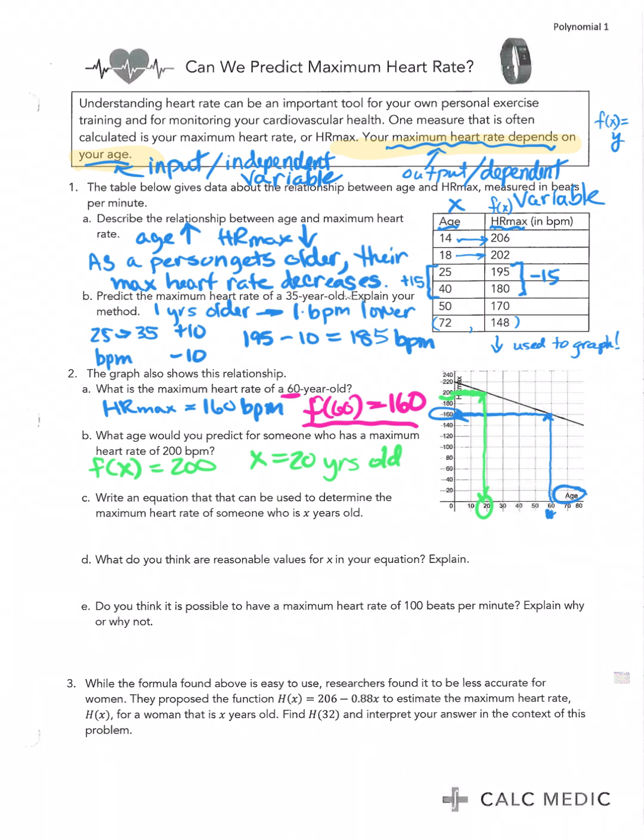So now it says write an equation that can be used to determine the maximum heart rate of someone who is x years old. In other words, we want to write this equation for anybody. All right, so let's write this equation. We'll do this one in black. How do we do that? Well, we're given a graph.